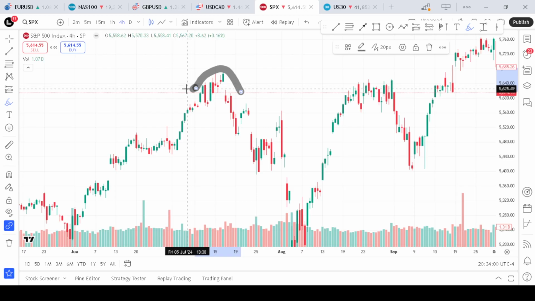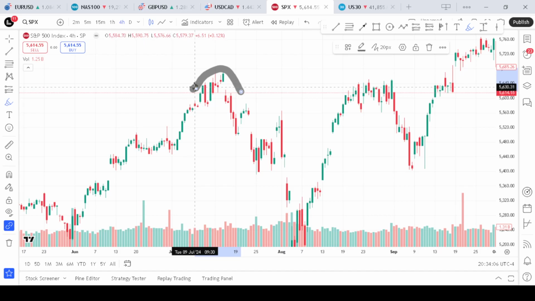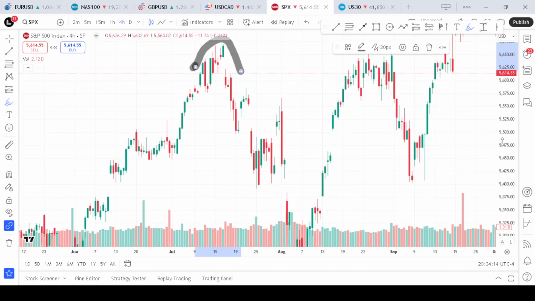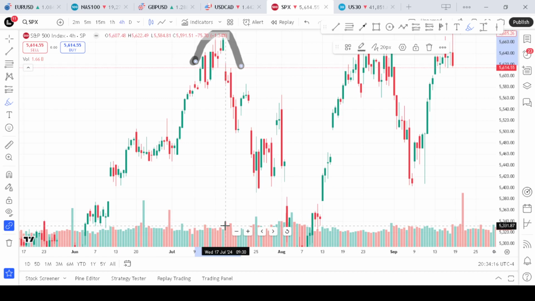However, as the gap down occurs, bearish momentum picks up and the volume typically increases, confirming the strength of the reversal. And as we can see from this area, after the gap down, there was an increase in the volume, as we can see from my chart.